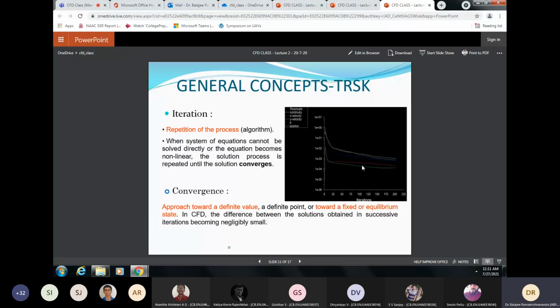So what you do is you start with an approximate solution. You assume an approximate solution to be correct initially to start the solution. That is, you assume the answer. If you have x, y, z unknowns, you assume all values for x, y, z at all points.